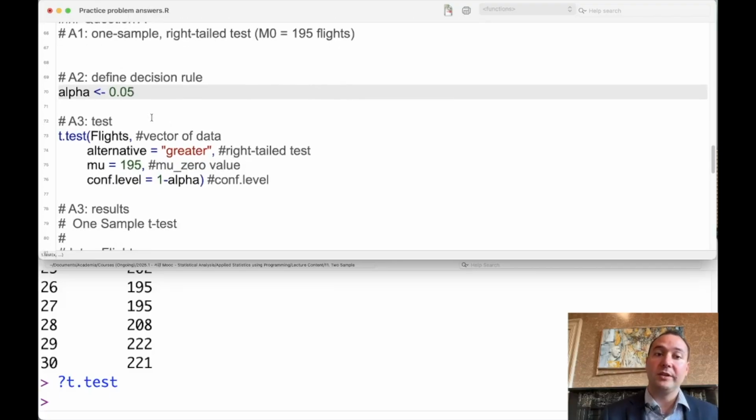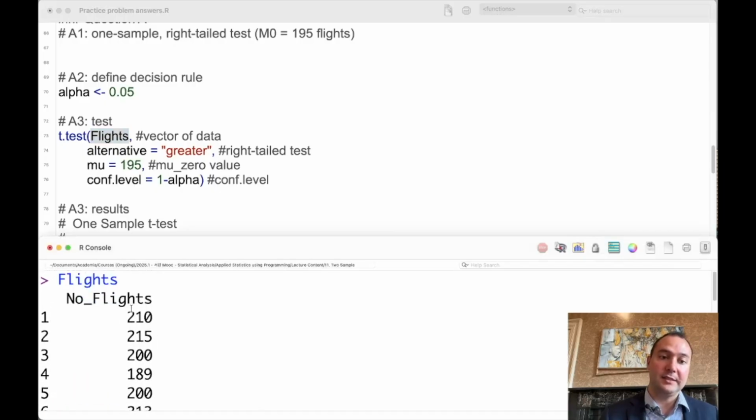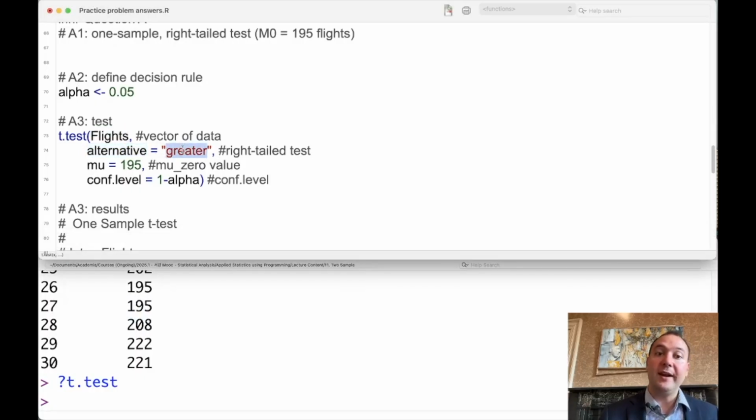So now we're going to use our t-test function to check our data. Our data is flight data. It looks like this, number of flights, and each value is the number of flights per hour. Alternative greater means that we're doing a right-tailed test.